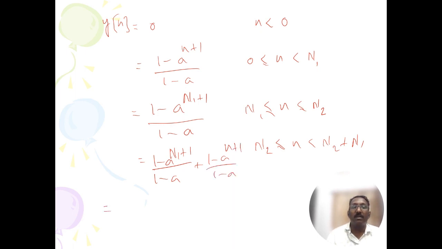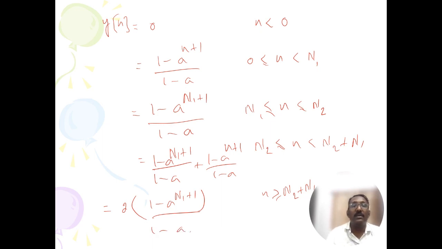Next, for n greater than or equal to n2 plus n1, this value is twice 1 minus a power n1 plus 1 by 1 minus a.